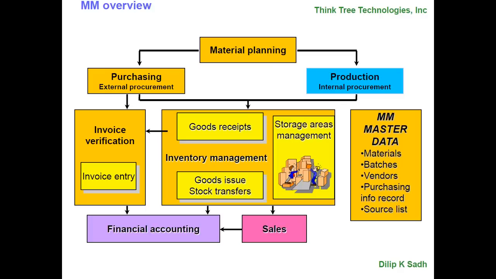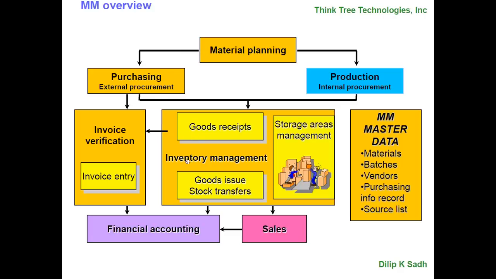If we need a material in our company, that need can only be satisfied in two possible ways: either you make it or you buy it. If you make it, it goes to the production planning module, which is not our agenda for today. If you end up procuring, that is what we want to discuss.